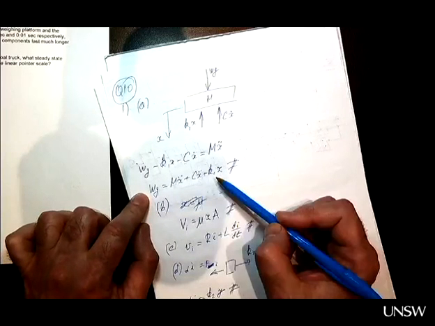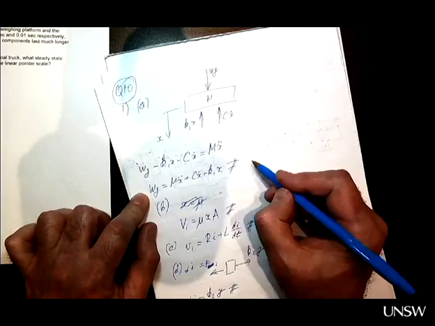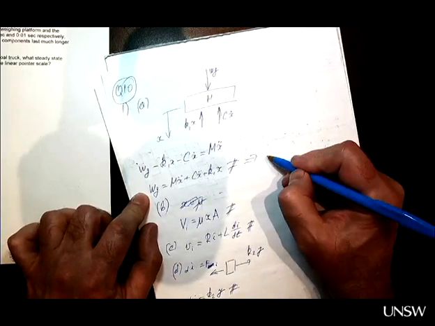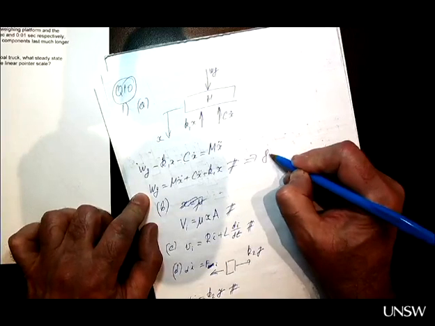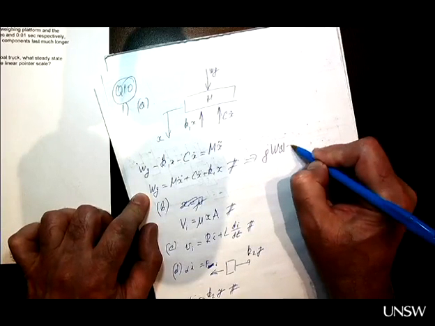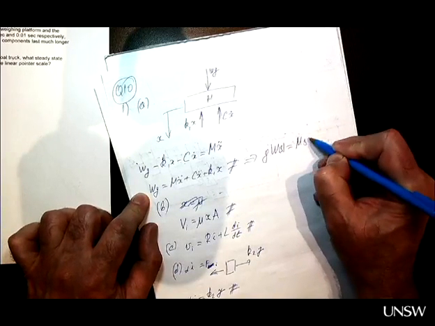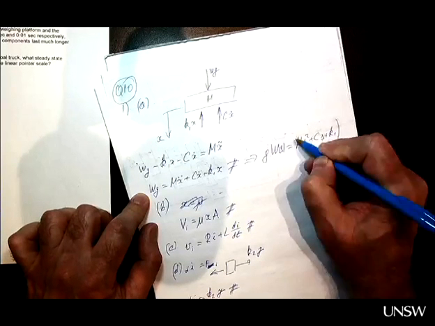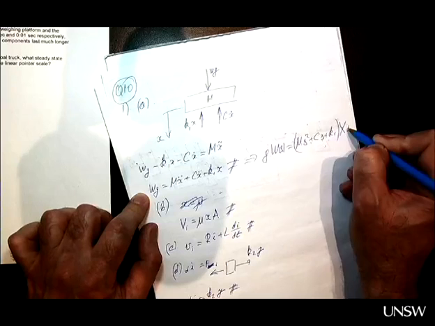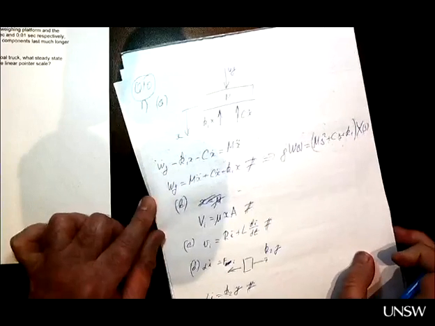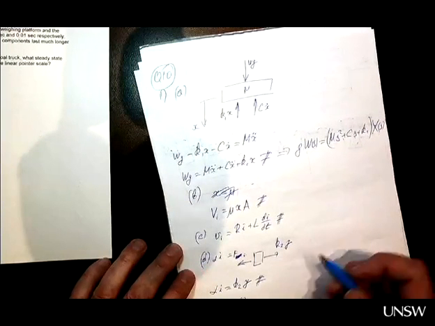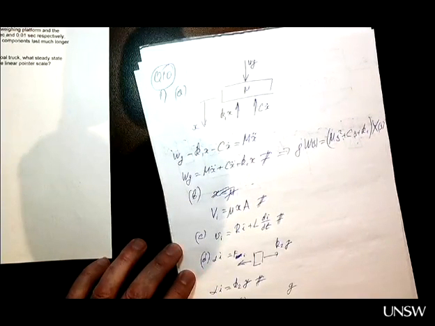So Laplace transform will give us g w of s equals ms squared plus cs plus k1 times x of s. So the transfer function is now g over ms squared plus cs plus k1.